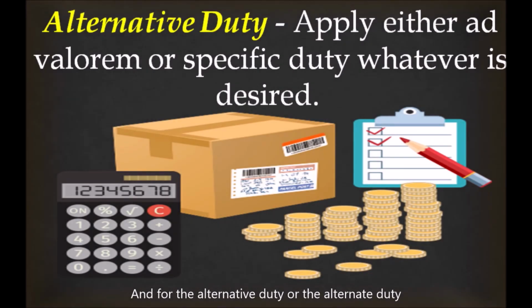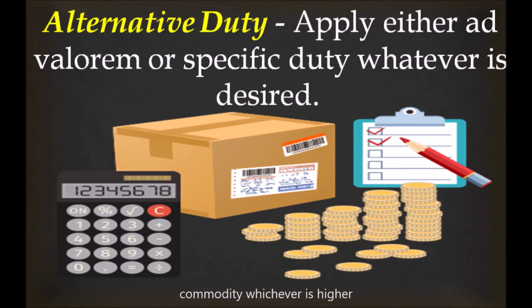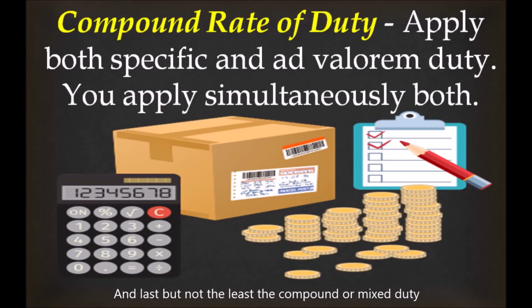And the alternative duty or the alternate duty is one containing specific rate and alternative ad valorem rate levied upon a single commodity, whichever is higher. Last but not the least, the compound or mixed duty is one combining both specific and ad valorem duties.